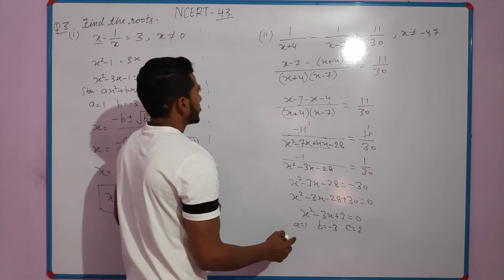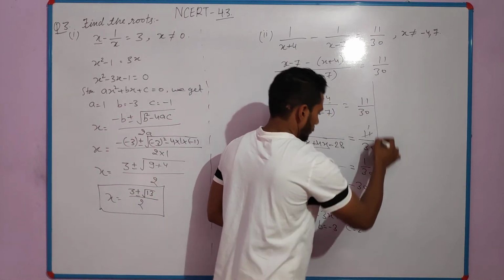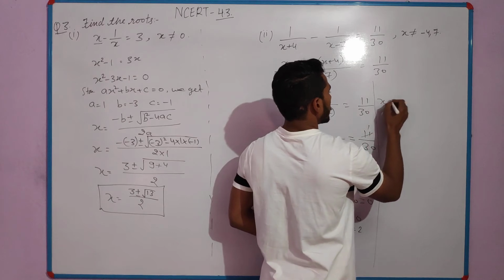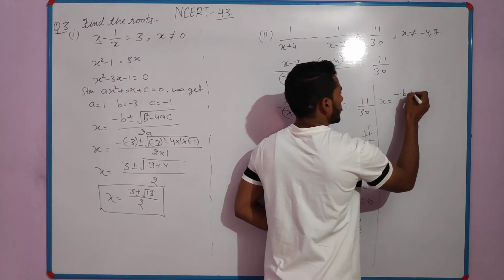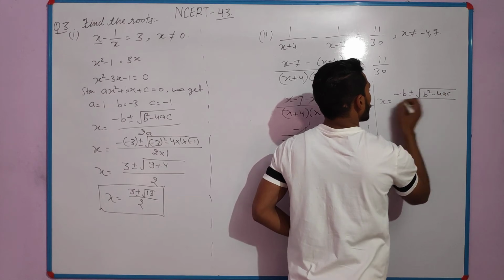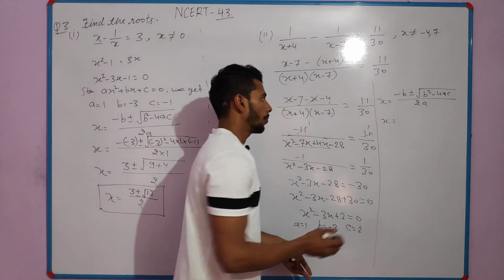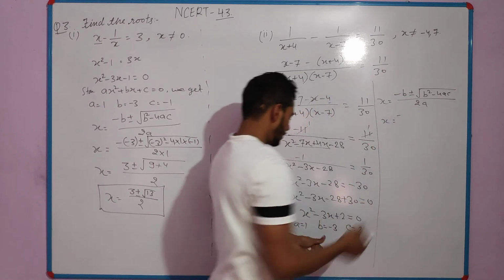Now I am writing this here. Okay, quadratic formula, x is equal to minus b plus minus square root of b square minus 4ac over 2a. So x is equal to minus, what's the value of b?